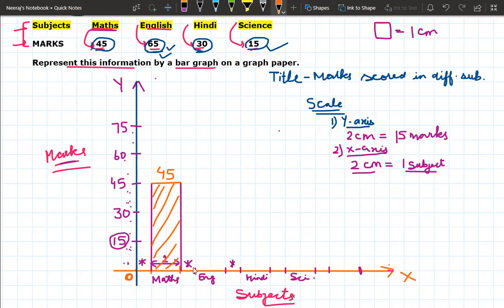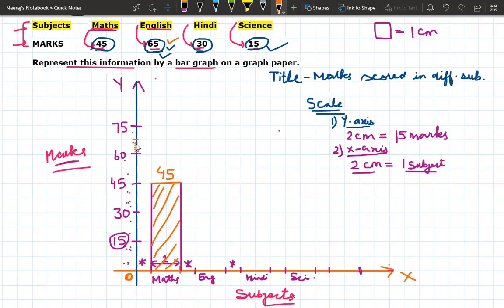Again you have to leave one block, right? Then we will represent the rectangular bar for the marks of English. How many marks has he scored in English? 65. So where is the number 65? It is not coming. So children, from 60 to 75, the middle value will give you half of it, right? You can see that there are 10 lines in between the numbers, that is 1, 2, 3, 4, 5.